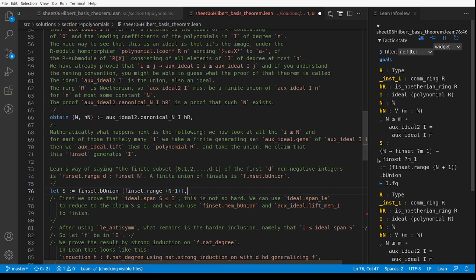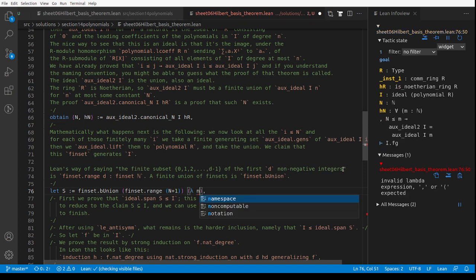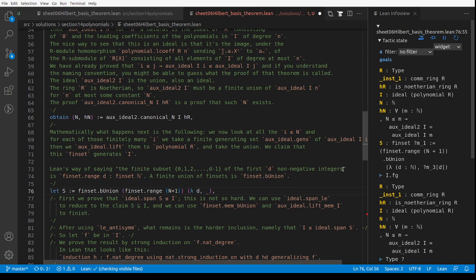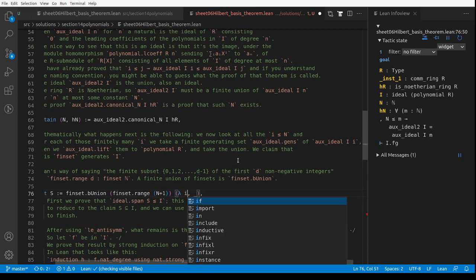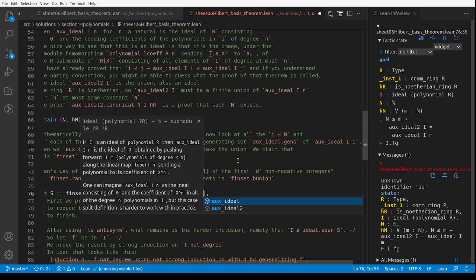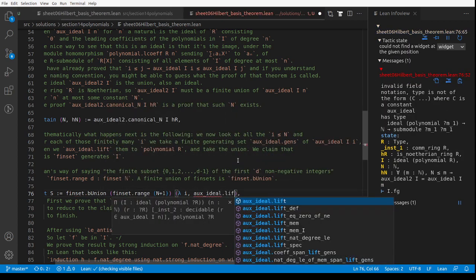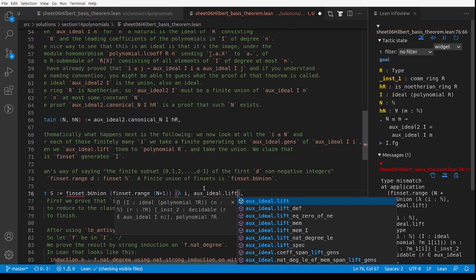And now I'm supposed to be giving a function from the natural numbers, lambda d comma underscore. And that function, we take a finite generating set of the, okay, I should call it I apparently. There. So this should be ideal dot lift. That lifts.